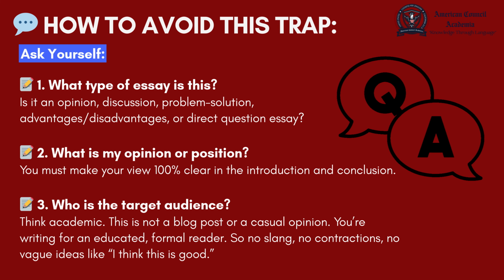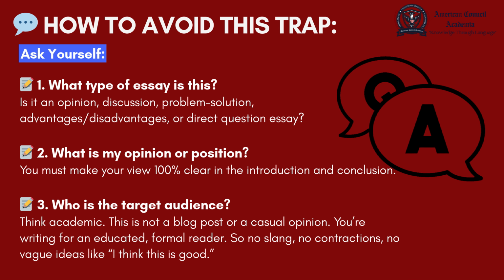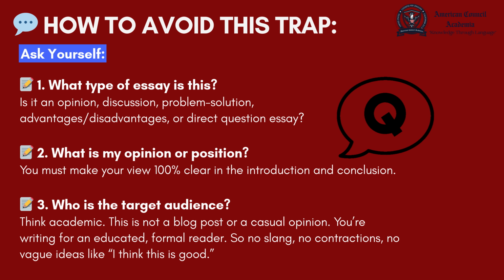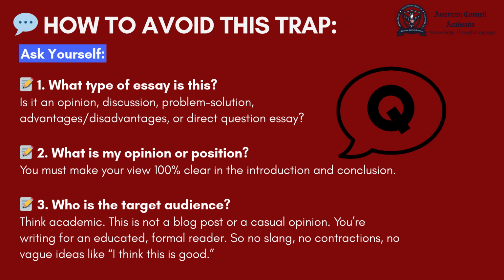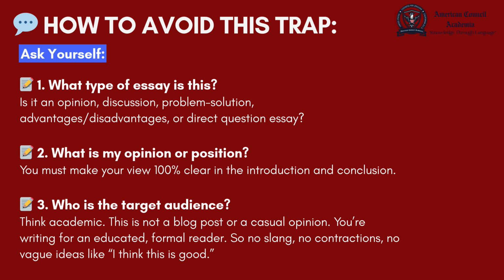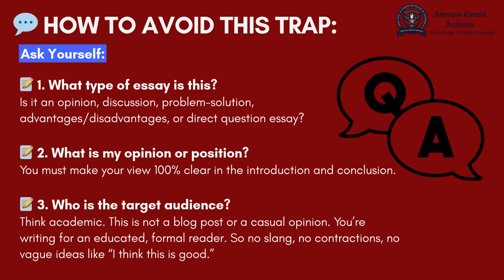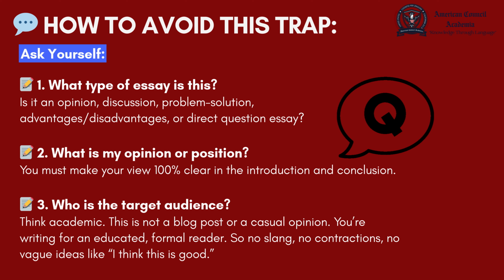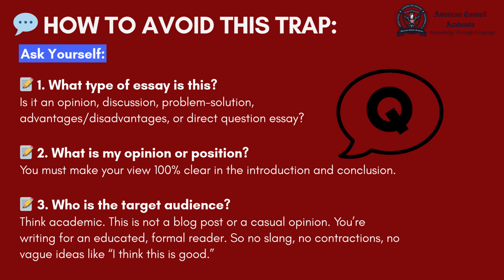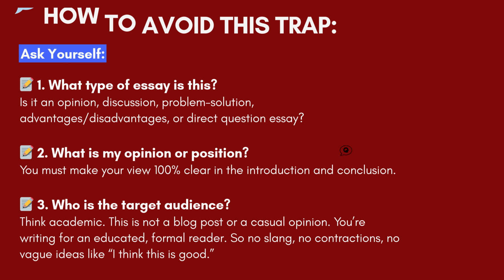You must make your view 100% clear in the introduction and conclusion. Question 3. Who is the target audience? Think academic. This is not a blog post or a casual opinion. You're writing for an educated, formal reader. So no slang, no contractions, no vague ideas like "I think this is good."